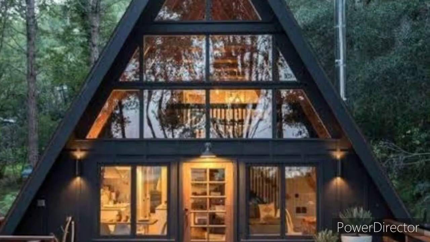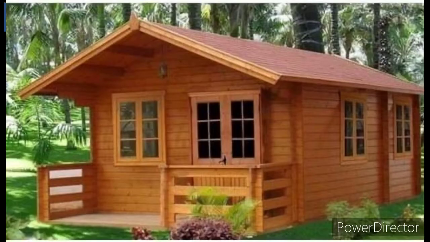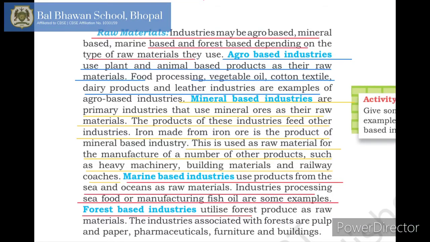So these industries use forest products and forest raw materials and convert them into useful products.